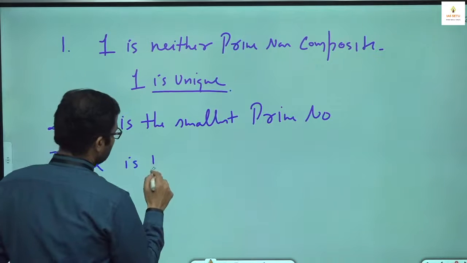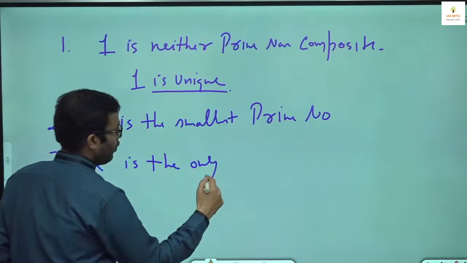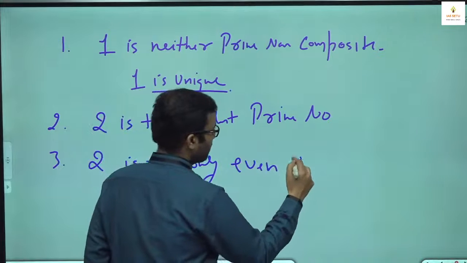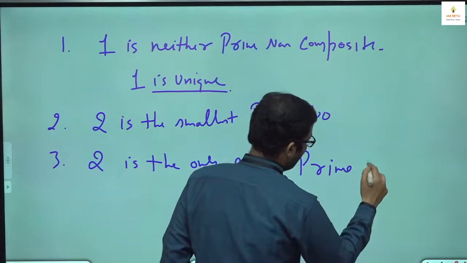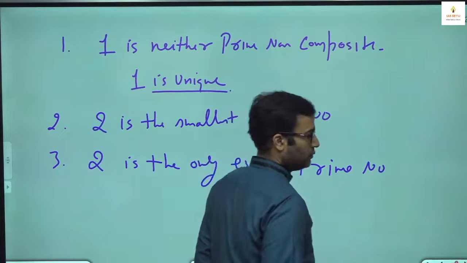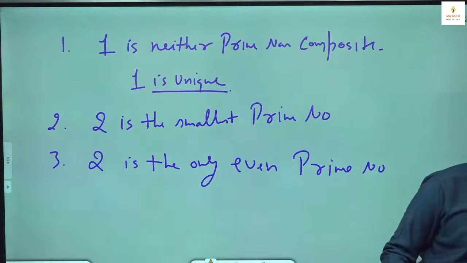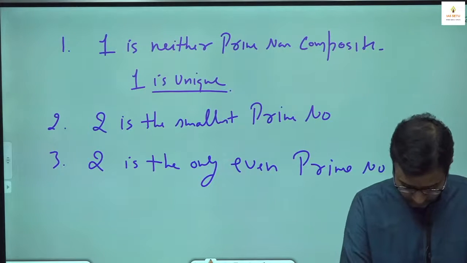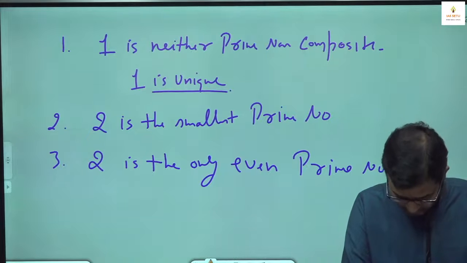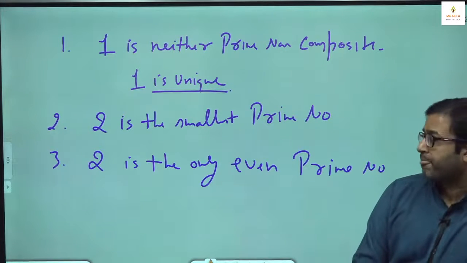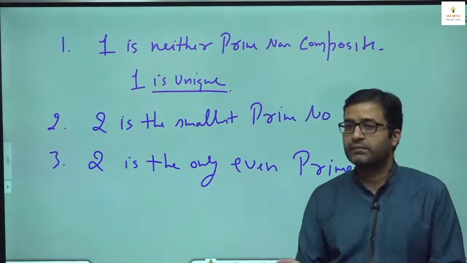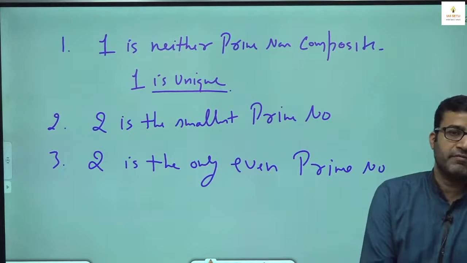2 is the only even prime number. Can anyone explain this? 2 is the only even prime number. Why?